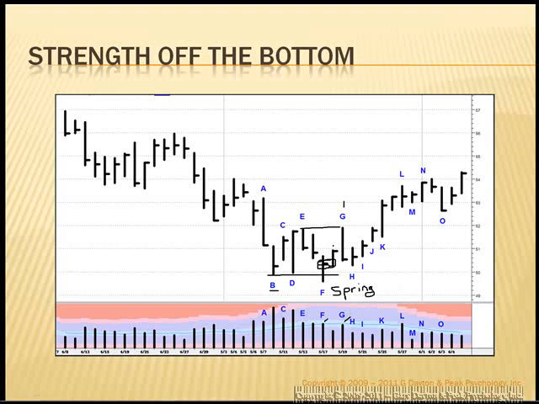Well, let's talk a little bit about this now. This is where context begins to come into play. All right. We see from F to B here, or A, in this area.